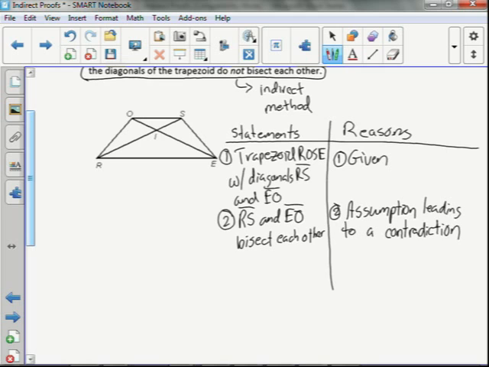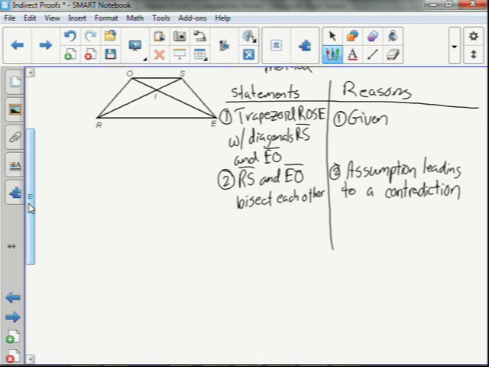Again, we're making a turn in the maze here, and we've got to know, did we make the right turn? All right, now, if RS and EO bisect each other, this would have to be a parallelogram because that's a property of parallelograms.